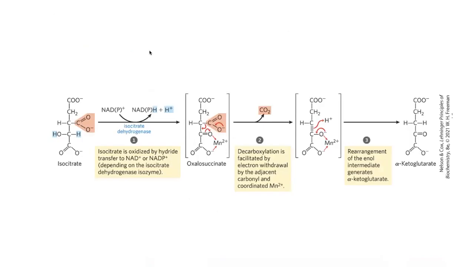In this decarboxylation, we're forming this enol, or this enolate, and then we're going to unform it, going back to the keto form to give us alpha-ketoglutarate. Having that enol-keto tautomerization is then going to make this very energetically favorable.